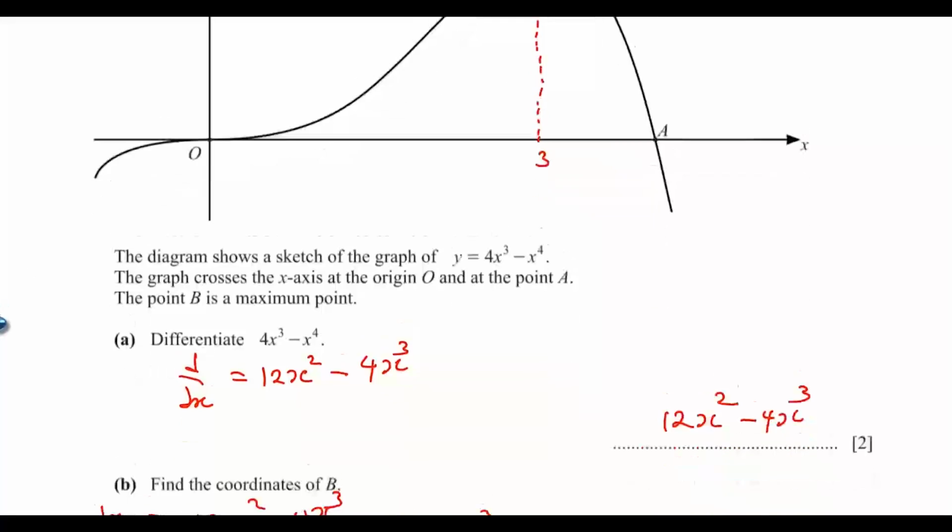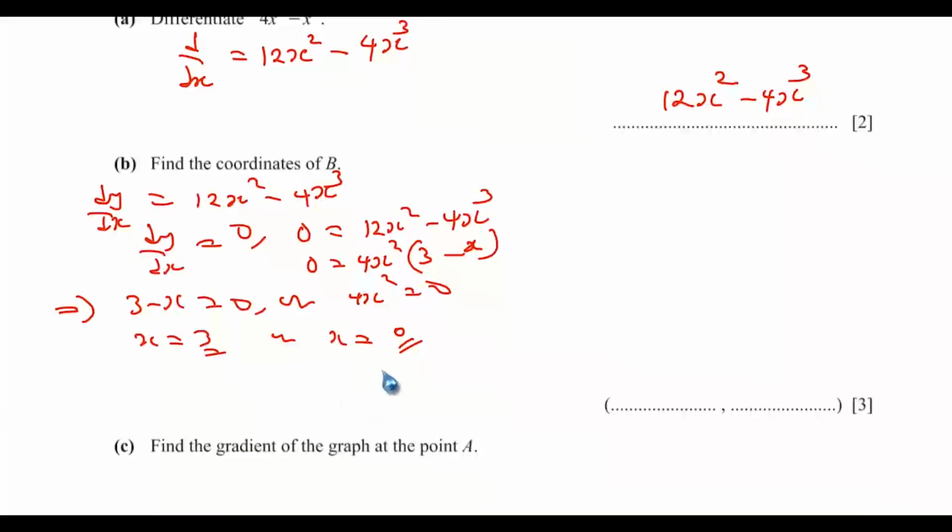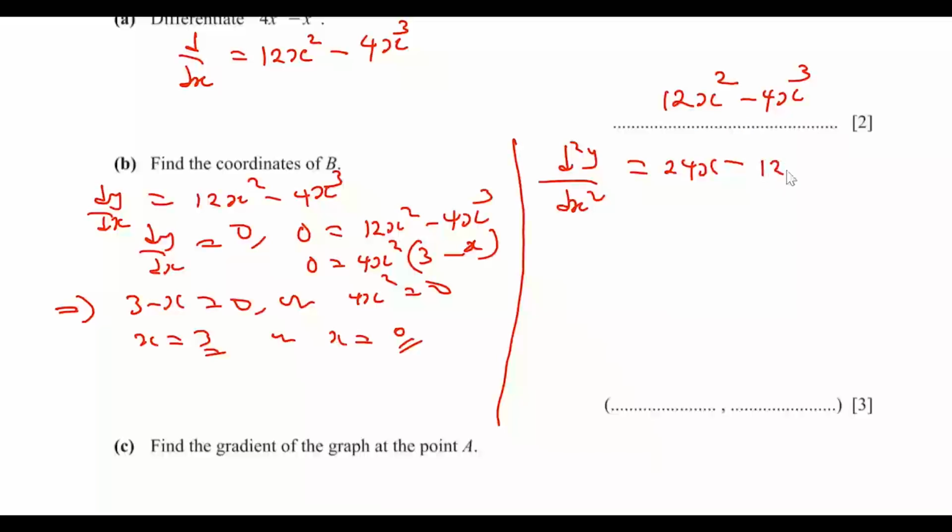So let's confirm that. To test for the maximum point, we need the second derivative, d squared y over dx squared. That will be 2 times 12x, which gives us 24x, then minus 3 times 4x, that will be 12x to the power of 2. So let's substitute the values of x here. Let's try 3 first, because we're interested in that.